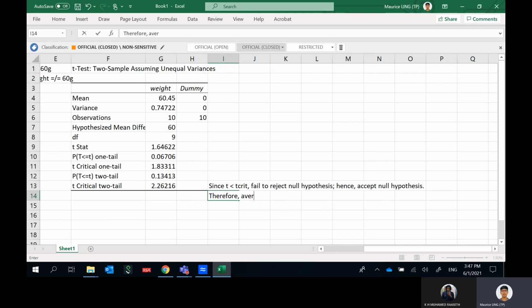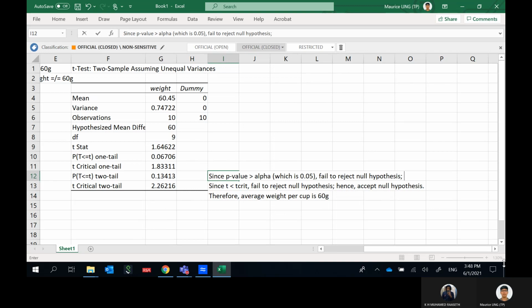The average weight per cup is 60 grams. If you use the p-value, then you write: since the p-value is more than the alpha, which is 0.05, similarly, you fail to reject the null hypothesis; hence, you accept the null hypothesis.